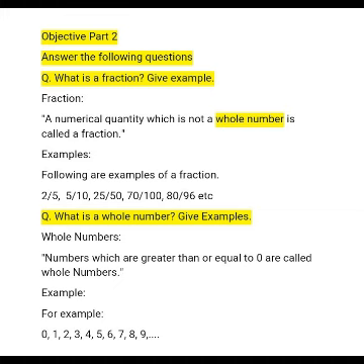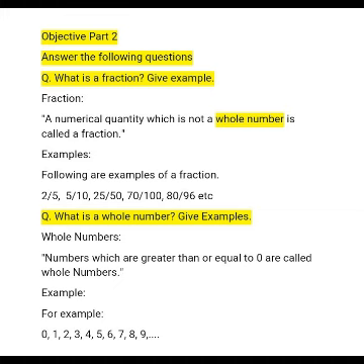Examples: following are examples of a fraction: 2 by 5, 5 by 10, 25 by 50, 70 by 100, 80 by 96, etc. If a question related to fraction comes in your papers, in your exams, asking what is a fraction or define a fraction and give some examples, you will answer that question in this style.